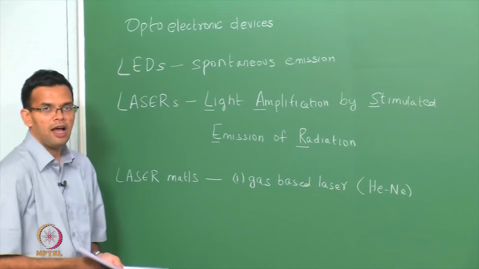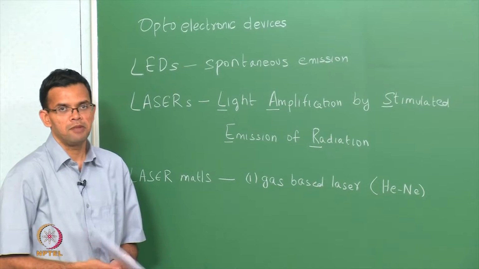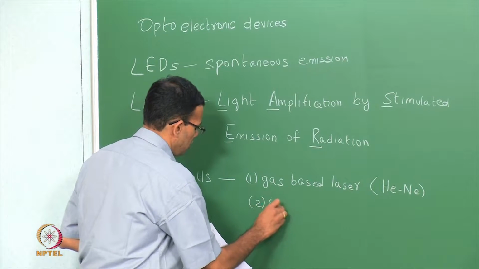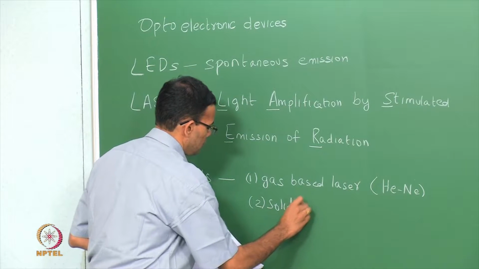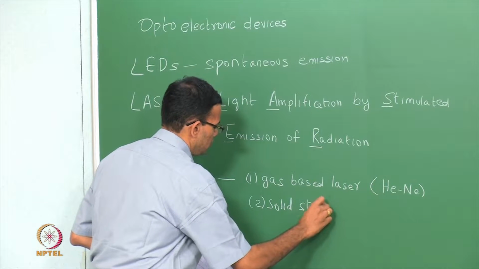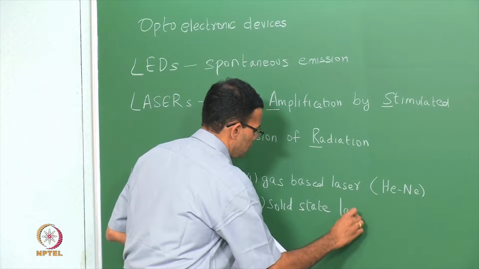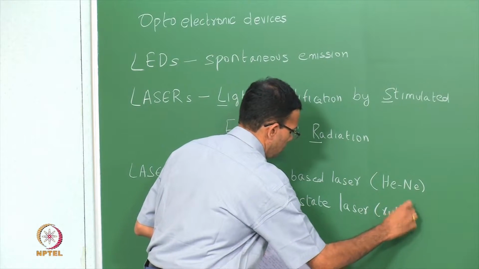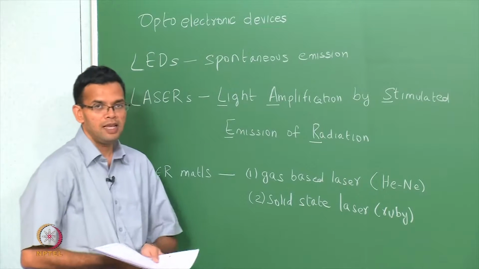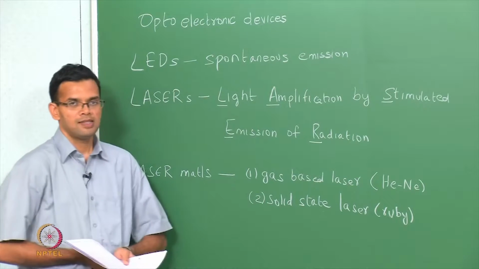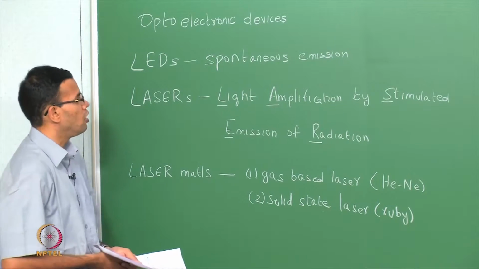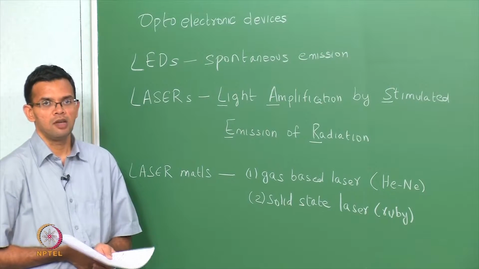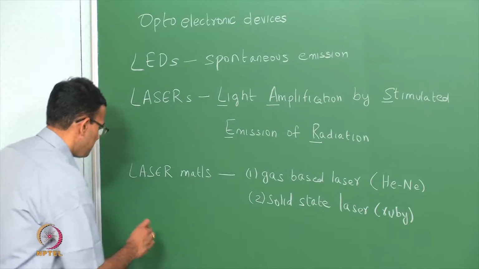You could also have a solid state laser, but based on a material that is not a semiconductor, for example ruby lasers. In today's lecture, we are going to focus specifically on semiconductor based lasers.